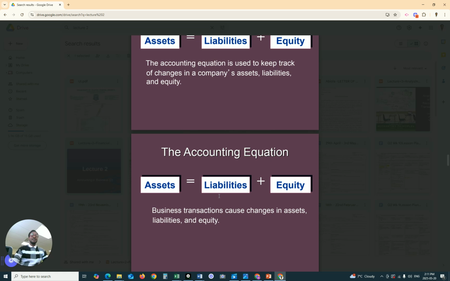Then we looked at the accounting equation. Assets is equal to capital plus liabilities. In the next episode, we'll be looking at the effects of transactions on the accounting equation. Every time there is a transaction, there is an effect on the accounting equation. That will be our next topic in the next episode.